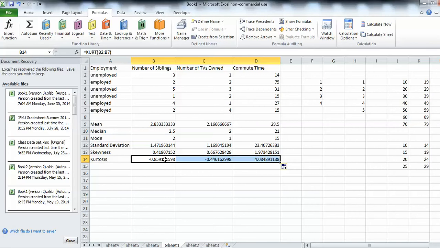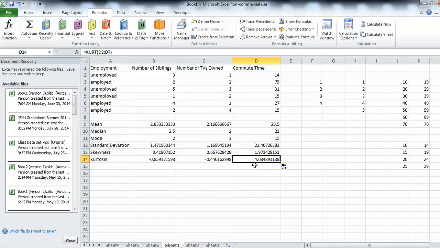These two are both between 0 and -1. They don't go beyond -1. So even though they're negative numbers, they would be roughly no kurtosis. But this one is actually a large positive kurtosis because it's definitely outside of the -1 to +1 range that's considered to be roughly no kurtosis.